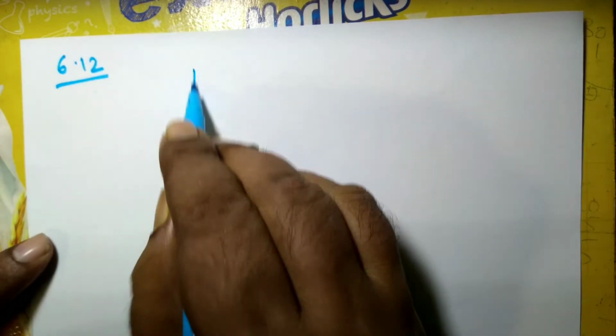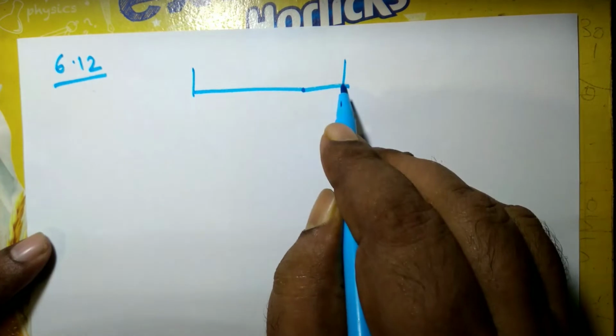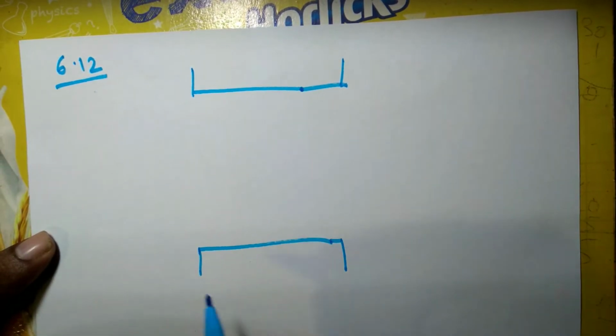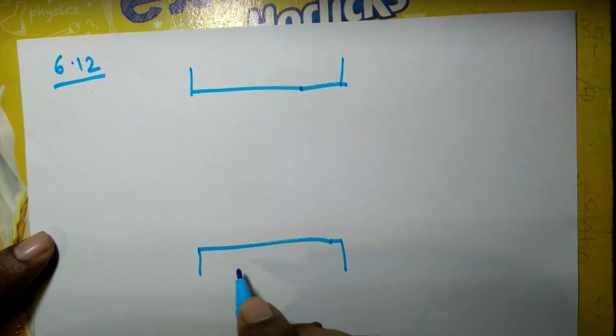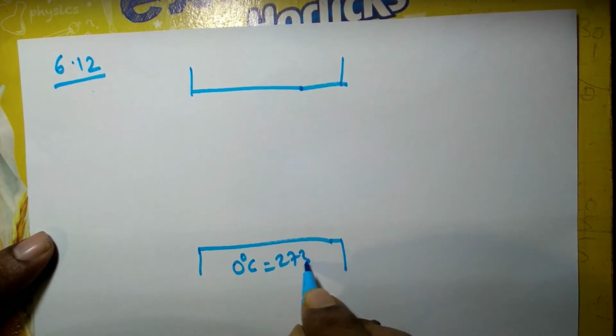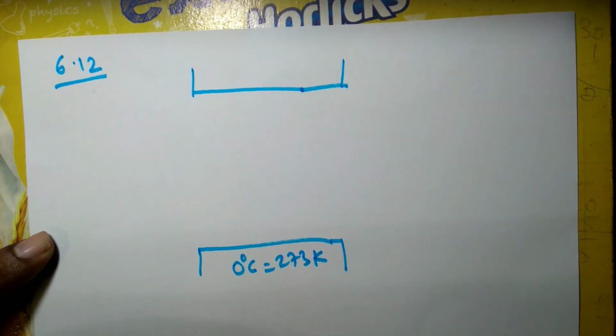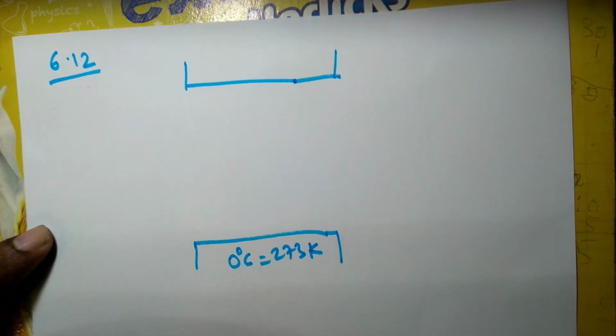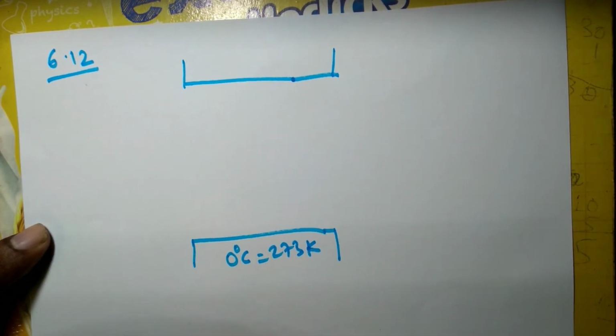This is quite similar to what happens in a refrigerator, the principle of refrigeration. The low temperature in this case is 0 degrees Celsius, that is 273 Kelvin, because ice will be produced from water at 0 degrees Celsius and atmospheric pressure.